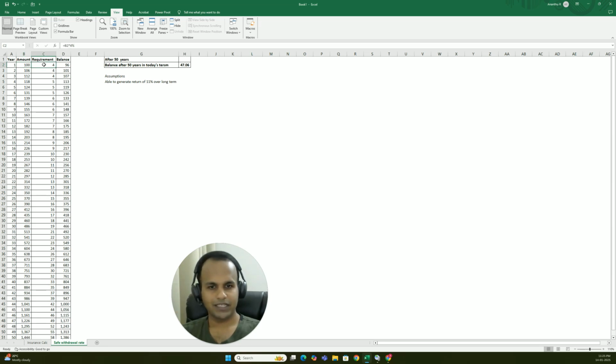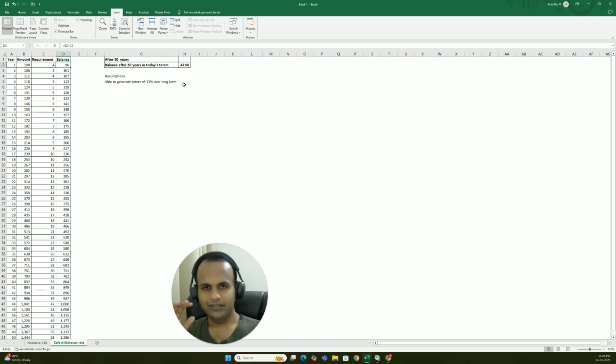That's 4%, so I'm assuming 4%. If you subtract that 4 rupees from 100, it's 96. And this 96 you are able to generate a return on over the long term, I mean 11% annual return per year over the long term. I think that's a decent expectation over the long term, even if you are going for index funds.